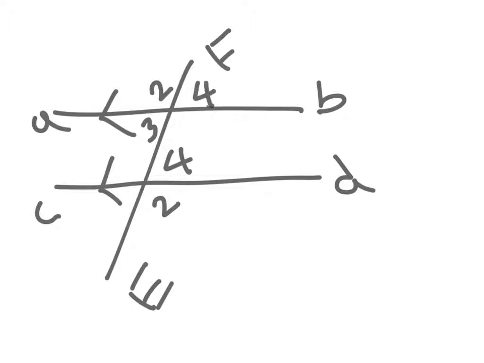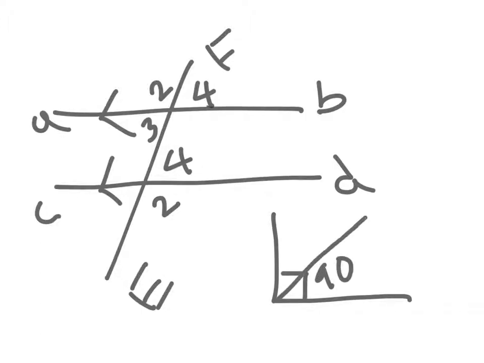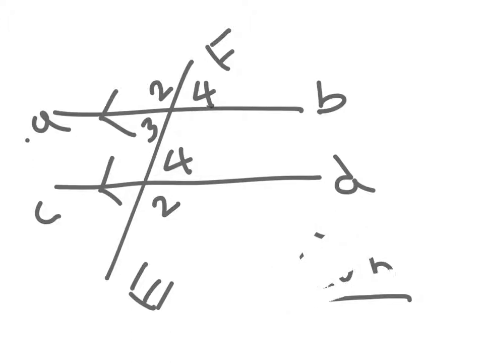Complementary angles are two angles with a sum of 90 degrees. Supplementary angles are two angles with the sum of 180 degrees.